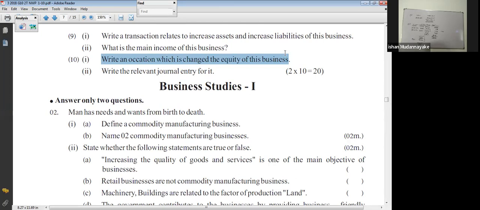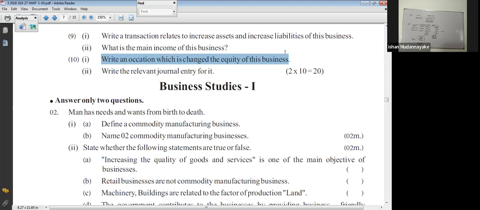And we can take receiving income also: receiving 300,000 income is one occasion where equity is subject to change. But it is better to write down the fuel drawings 15,000.